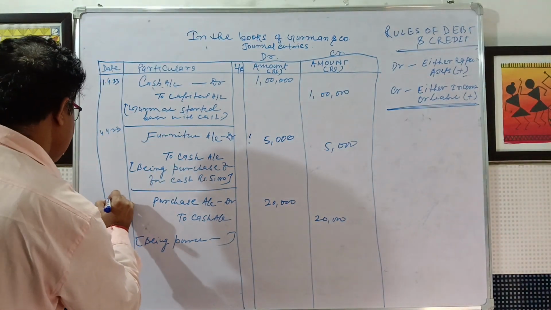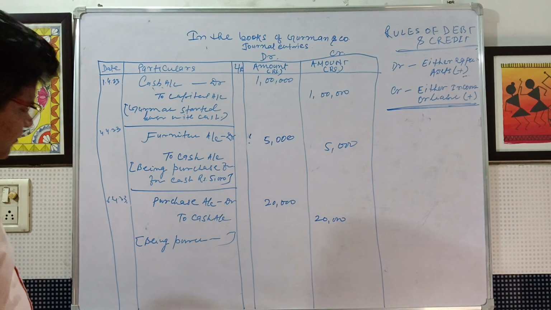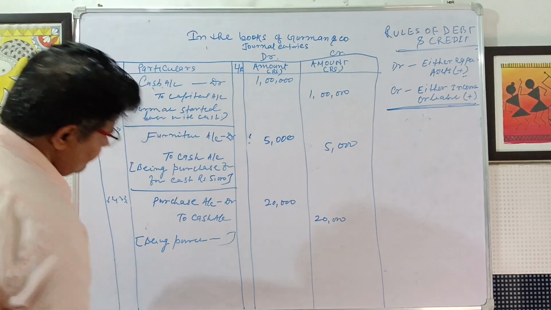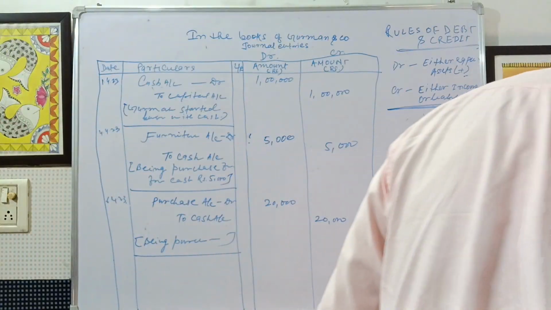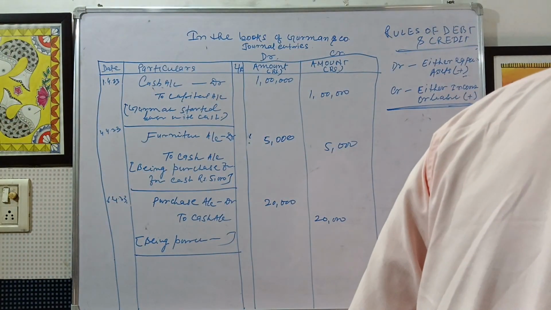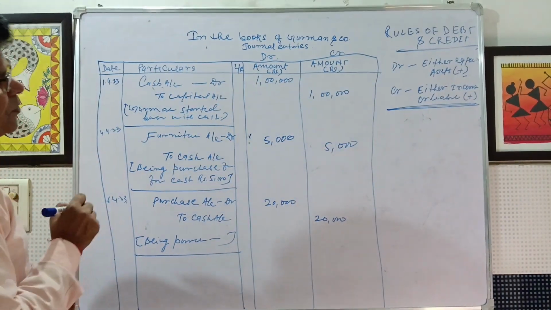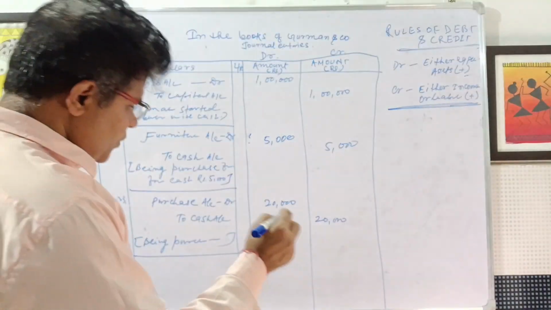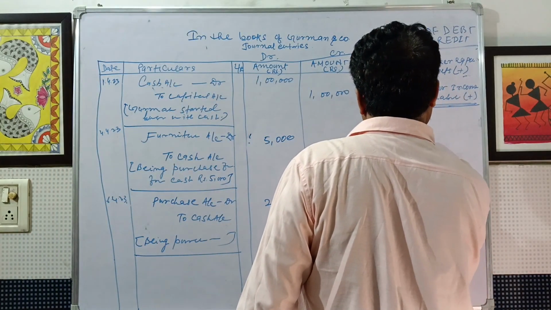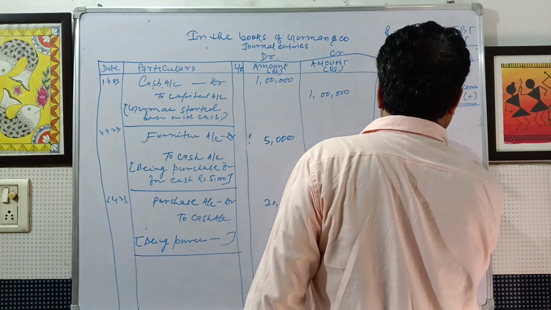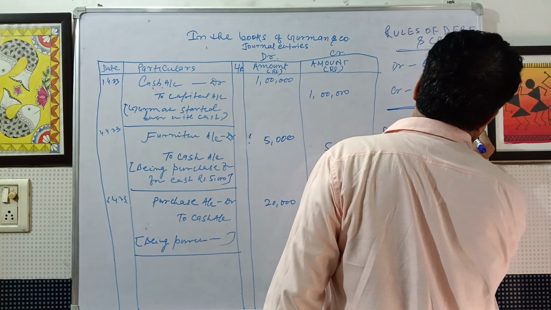Suppose 6th April 2023. Purchase goods from Hari and Company. So goods purchased, but the name is mentioned.